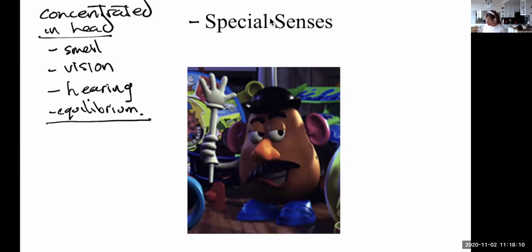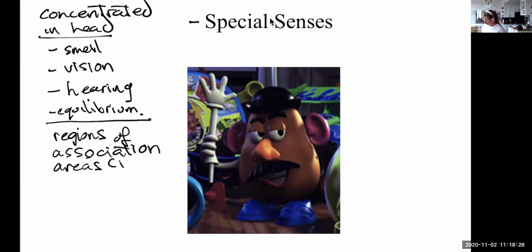So where are the locations? Regions of association areas, where integration occurs. Taste is found in the lower end of the postcentral gyrus.